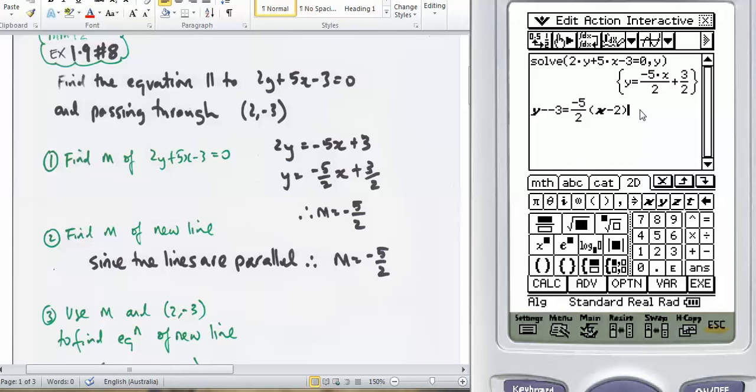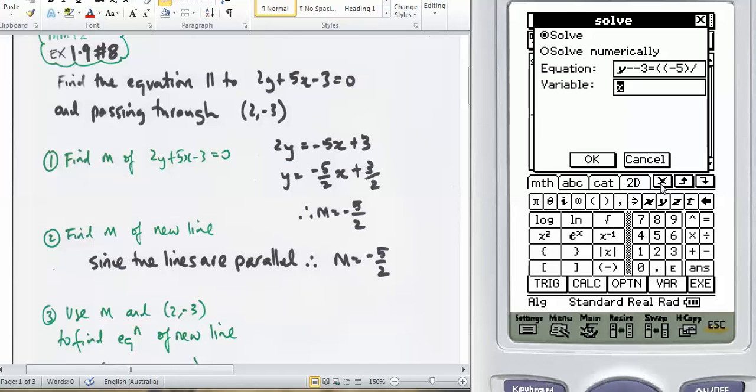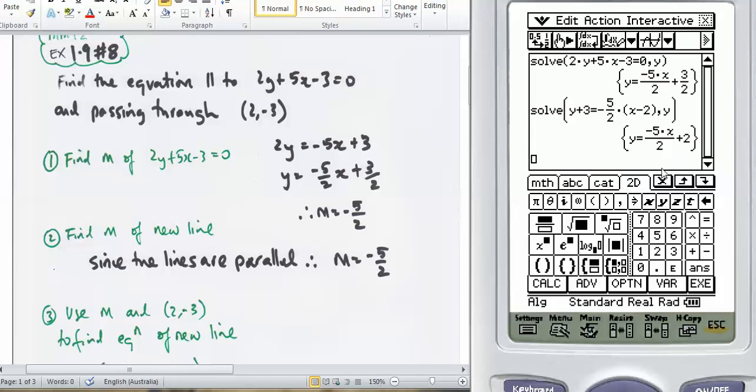So that's just substituting the gradient, my y1 and my x1, and I could rearrange this: Interactive, Advanced, Solve for y, and there it is.